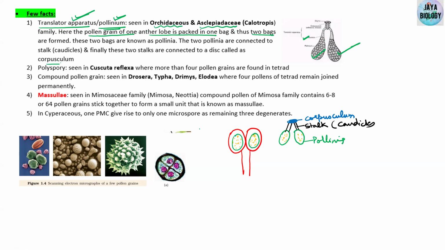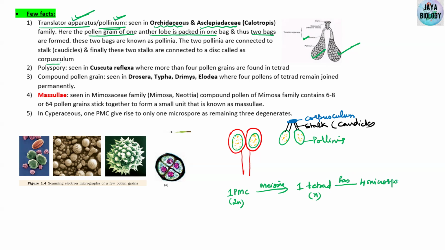Now, we have seen till now that one PMC undergoes meiosis to form one tetrad. Ploidy of PMC is 2n, but ploidy of tetrad is n. And one tetrad has 4 microspores.